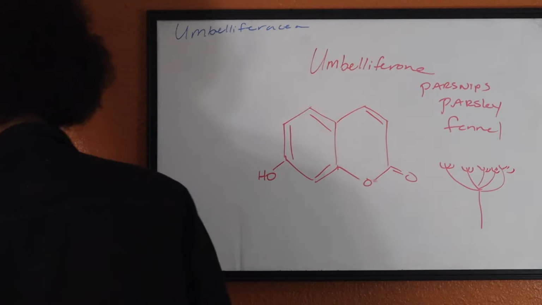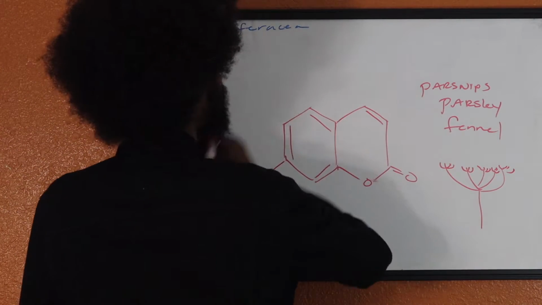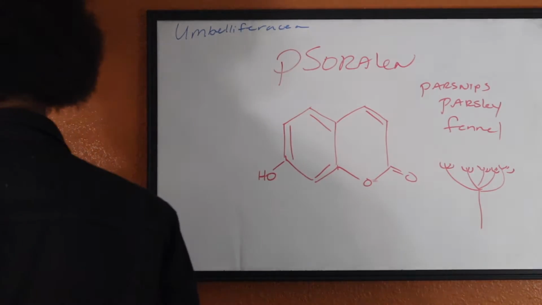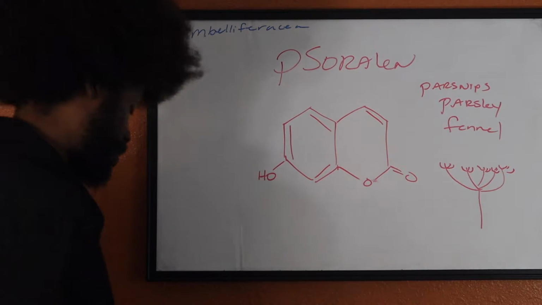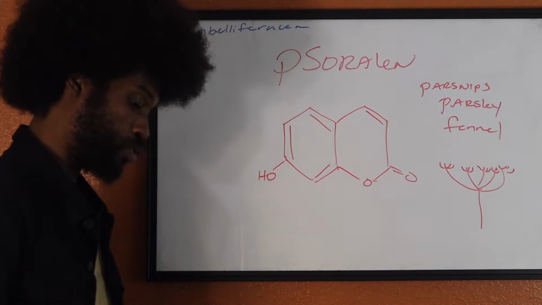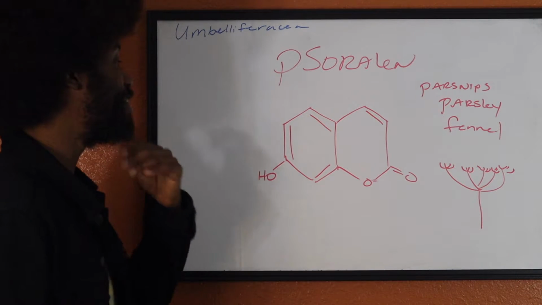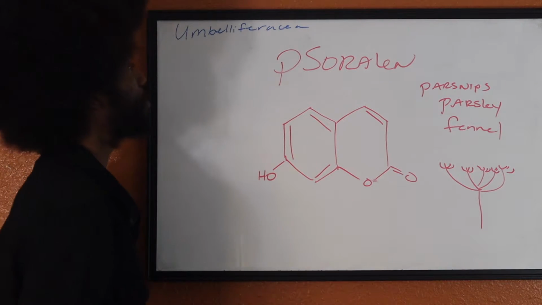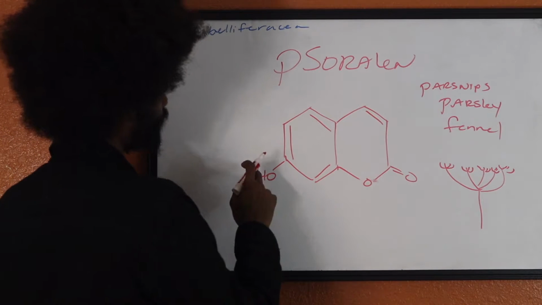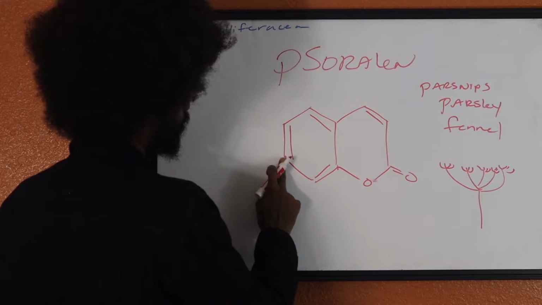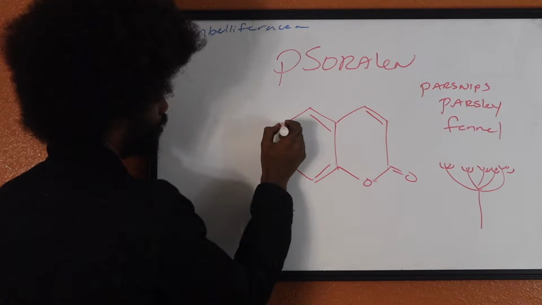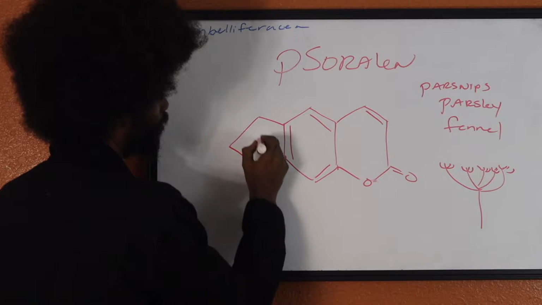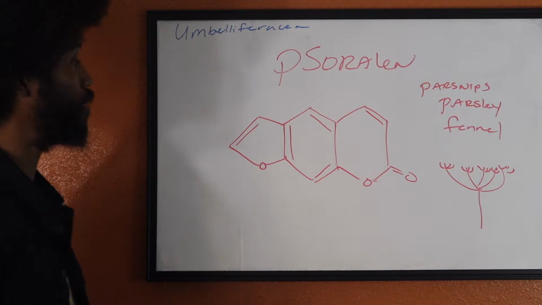So then we have something interesting called psoralen. Now the difference between the coumarin and the umbelliferone is really the fact that there's this hydroxyl group over here. Now when you're dealing with psoralen, it's this same structure with this oxygen here.